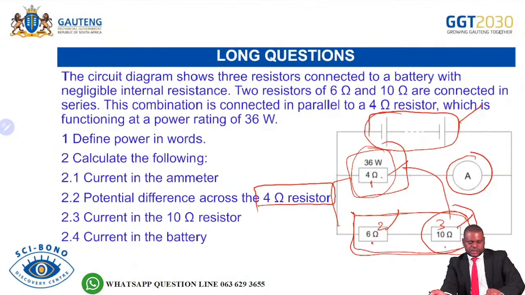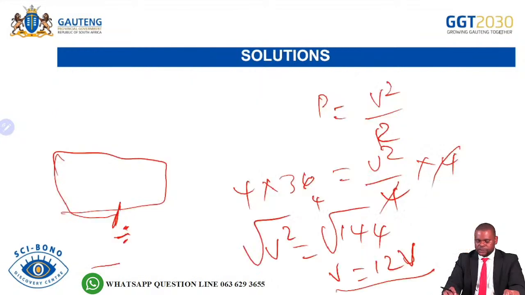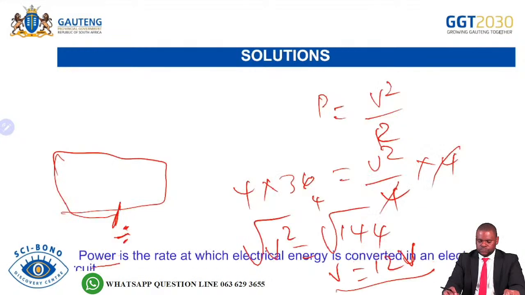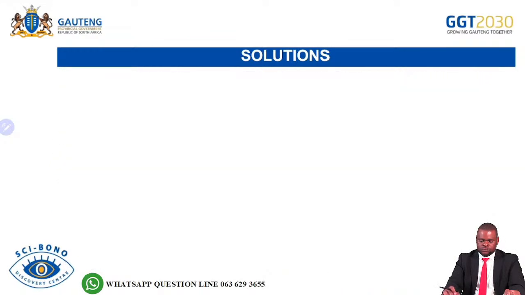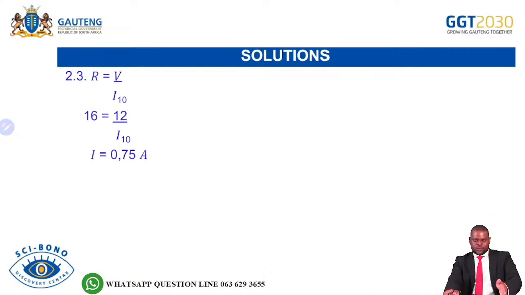It says, number 3, calculate the current in the 10 ohm resistor. That is our calculation.